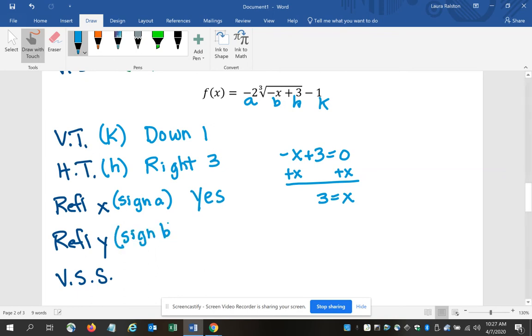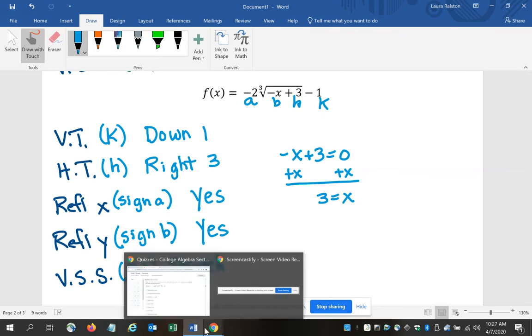Reflection on y is determined by the sign of B. B is negative, so there is a reflection on y. Vertical stretch or shrink is determined by the numeric value of A. And A is 2 as a number, and that's bigger than 1, so there is a stretch vertically. So I really got a lot of things going on here. So I'm going to wind up marking 5 things. Down 1, right 3, reflection on X, reflection on Y, and stretched vertically.